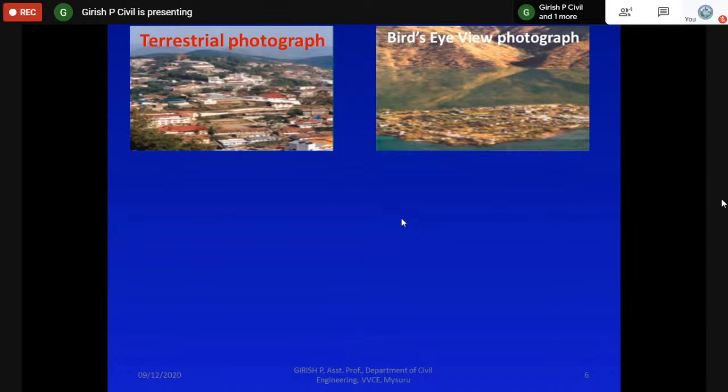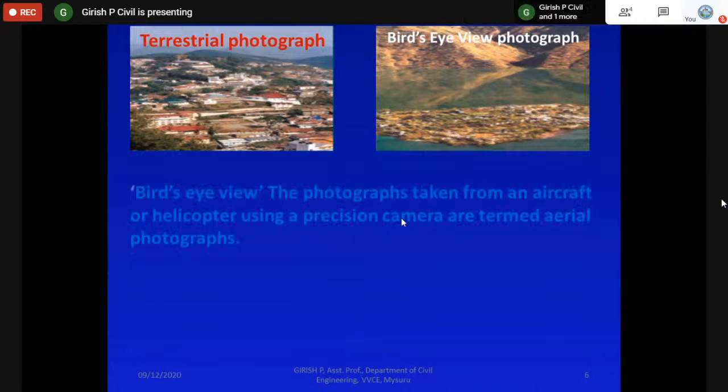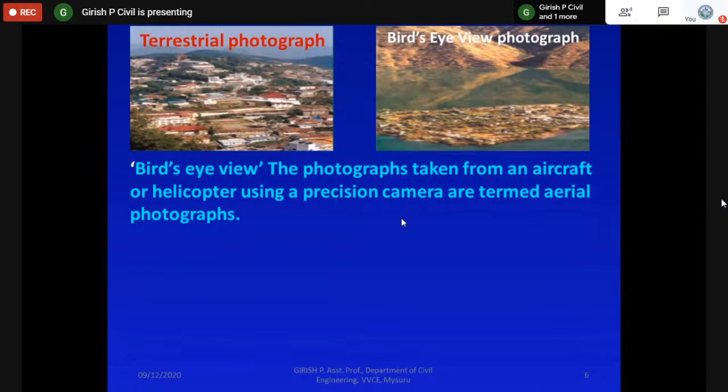Coming to that, there are terrestrial photographs and bird's eye view photographs. When we say terrestrial photograph, generally, whenever we go to a hill station, we capture an area by camera. Such photos are collectively called terrestrial photographs. On the other hand, the photographs taken from an aircraft or helicopter using a friction camera are termed aerial photographs.